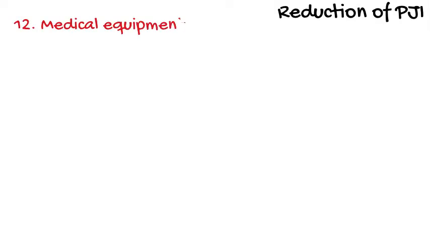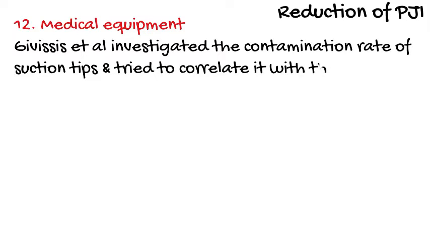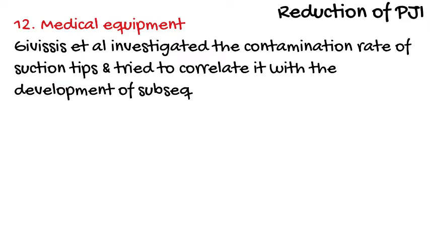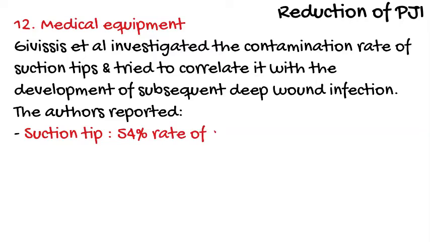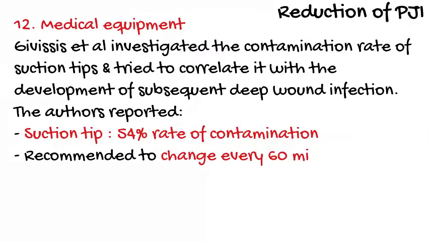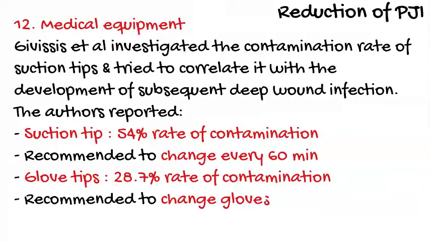Number 12. The medical equipment. Givisis et al. investigated the contamination rate of suction tips and tried to correlate it with the development of subsequent deep wound infection. The authors reported that the suction tip had around 54% rate of contamination.